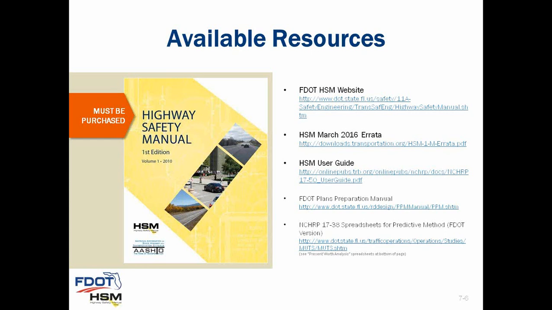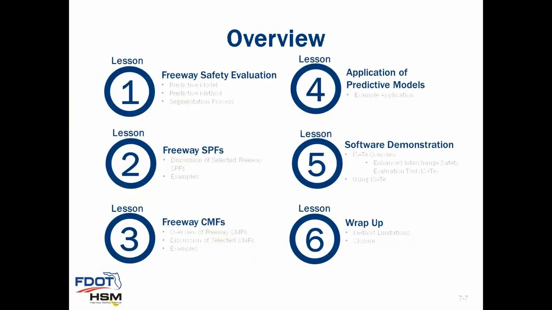The presentation today consists of 6 lessons. We'll take them in the order listed here. In the first lesson, we'll talk generally about using the HSM predictive method for freeway safety evaluation. Then, in the second and third lessons, we'll talk about the safety performance functions, or SPFs, and the crash modification factors, or CMFs, that make up the predictive method.